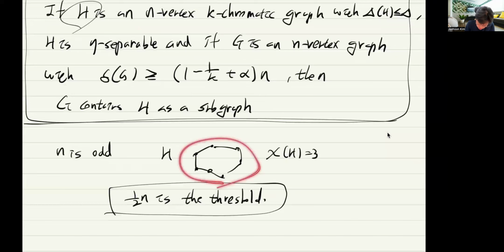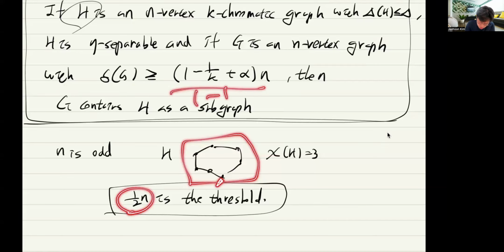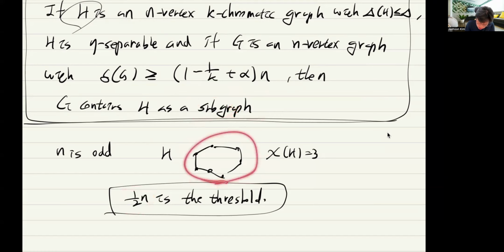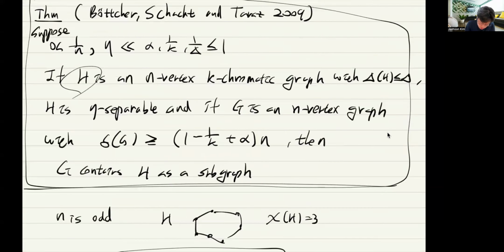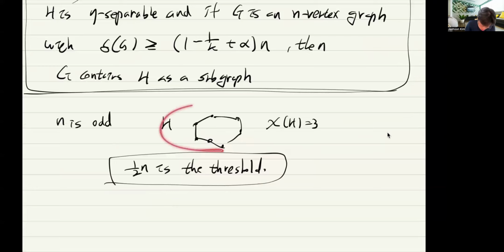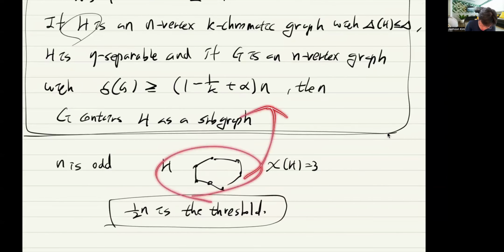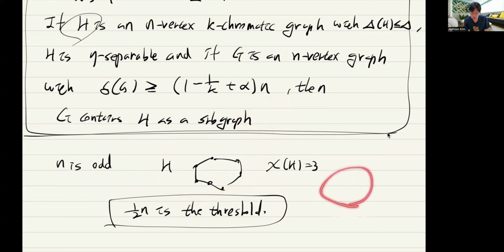As I showed here, there is a 3-chromatic graph whose threshold is lower than 1 minus 1/3. You can come up with another graph, which does not satisfy that technical condition, and is still 3-chromatic, and the optimal value is somewhere between half and 2/3 n.